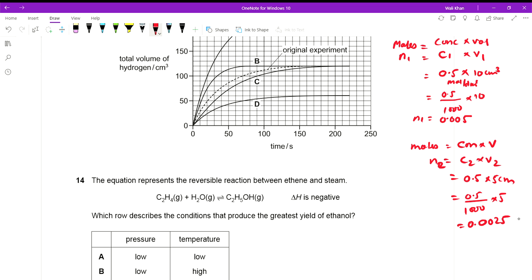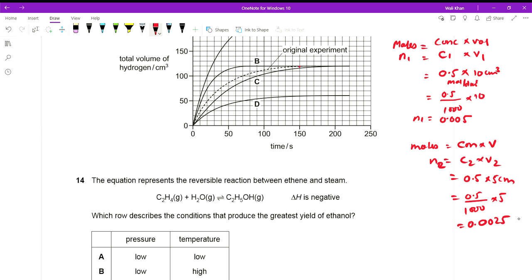So the original experiment produced around 112. In 150 seconds it is 112 cm cube.